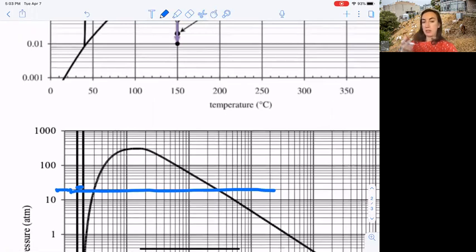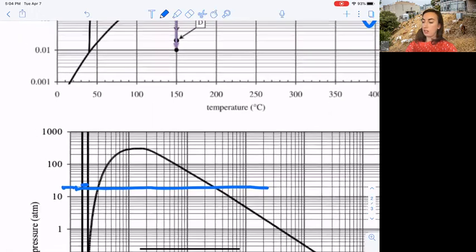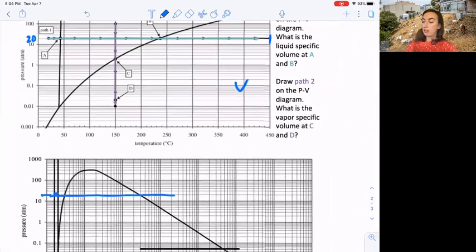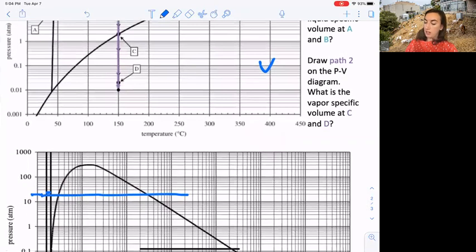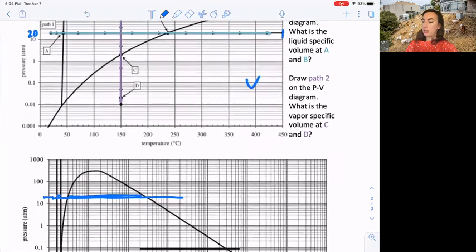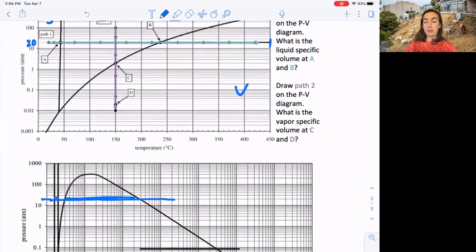It's a pretty small region, but the whole region between it that's in the solid liquid coexistence. Similarly, point B will be where our liquid and vapor coexist. So point B is this entire region here, where we have coexistence of our liquid and our vapor. And then what we want is our liquid specific volume at point A and point B.